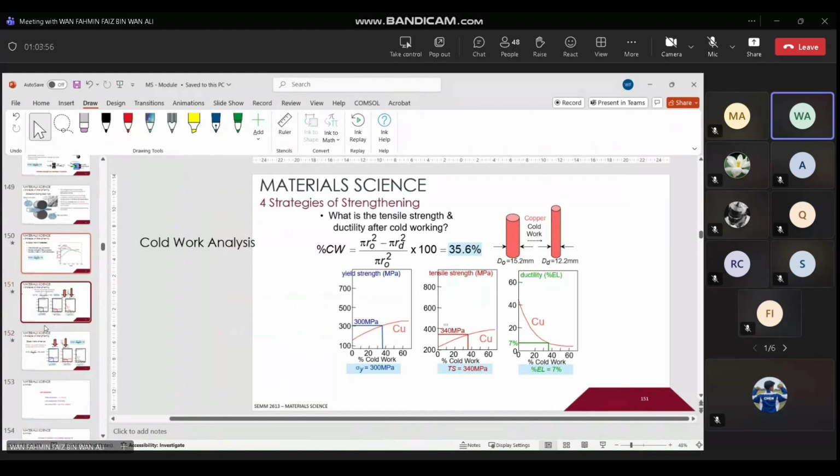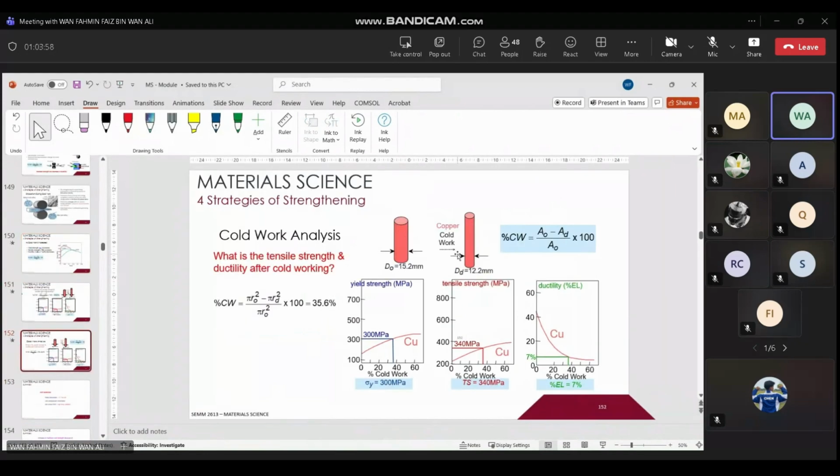For example, like these calculations, right? This is the last slide before we end. Cold working analysis. What is the tensile strength and ductility after the cold work? Given: the initial diameter of the cylinder is about 15.2. Then you apply the cold work, right, you get a diameter of the rod itself of about 12.2 mm.